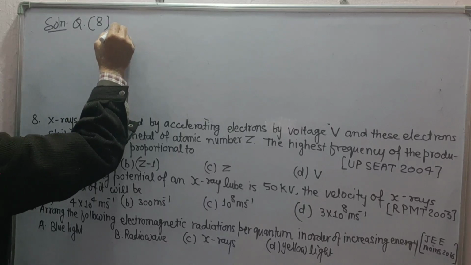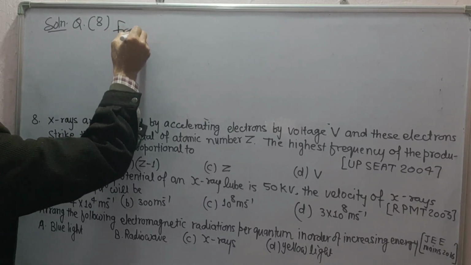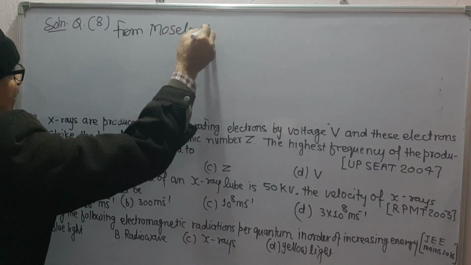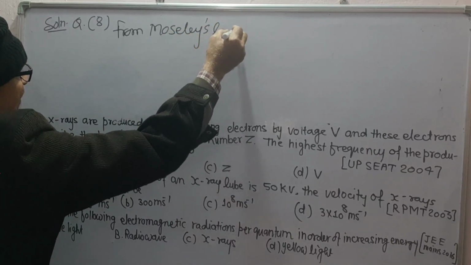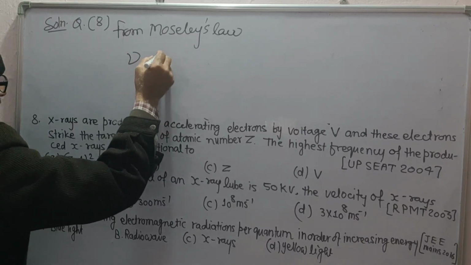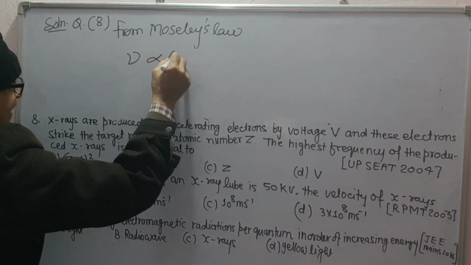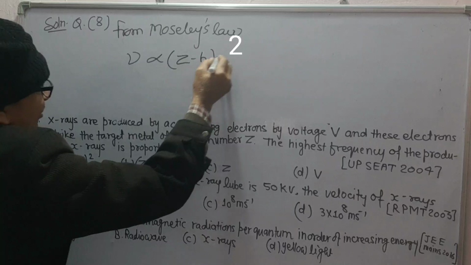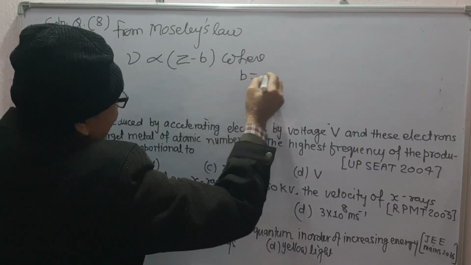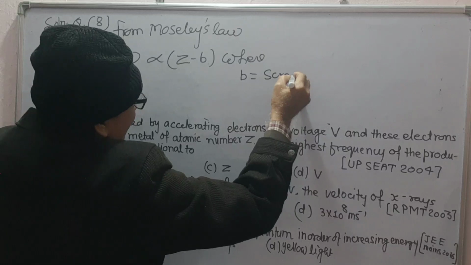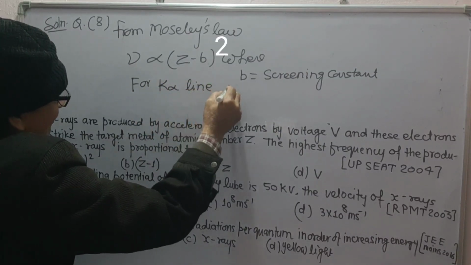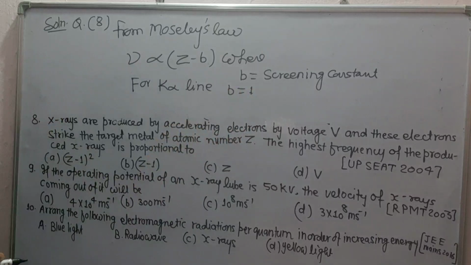From Moseley's law, frequency nu is directly proportional to Z minus b whole square, where b is the screening constant, for the K alpha line, b is equal to 1.